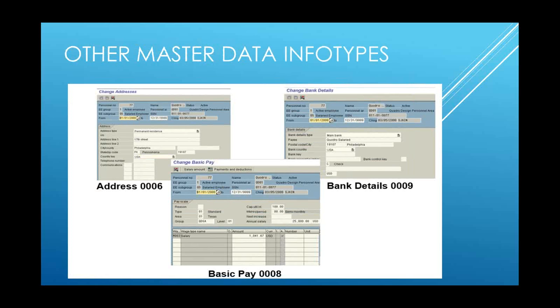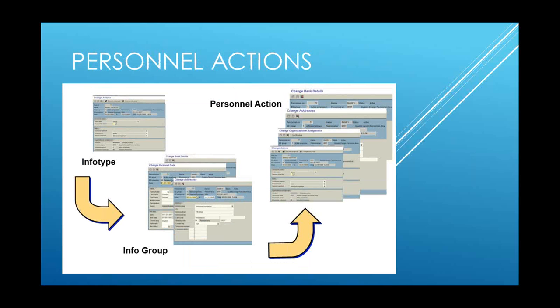Coming to other important info types, you have address info type, bank details, and basic. Then coming to personal actions, info types are grouped into info groups, and then they are linked to personal actions.